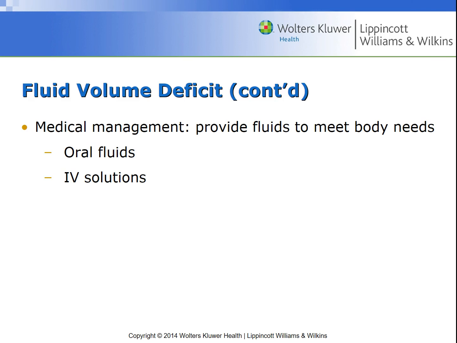But you don't want to do too much, because if you give her too much and her body can't handle it, then it will turn into third spacing, or the fluid will go past the point of least resistance and cause other issues, whether cardiac, respiratory, or kidney problems.